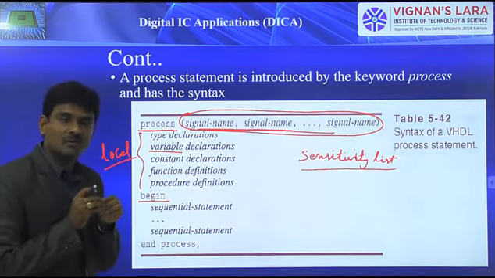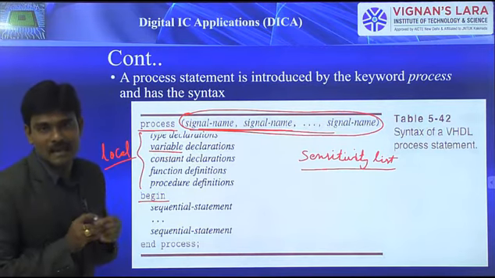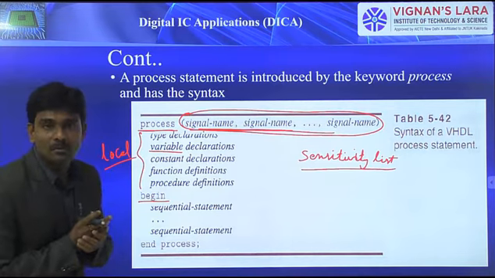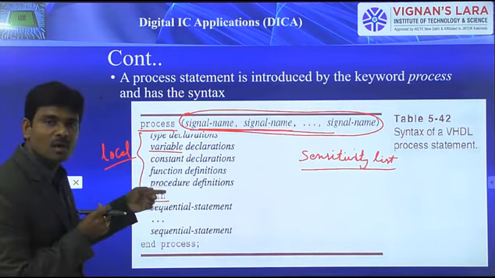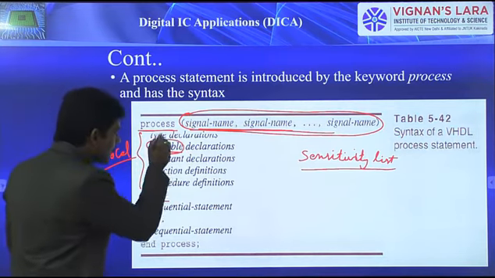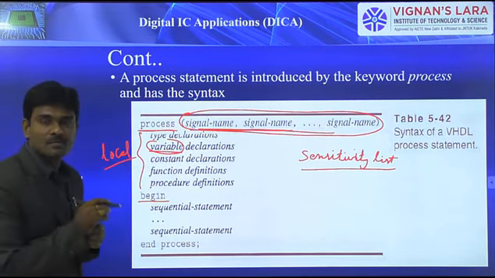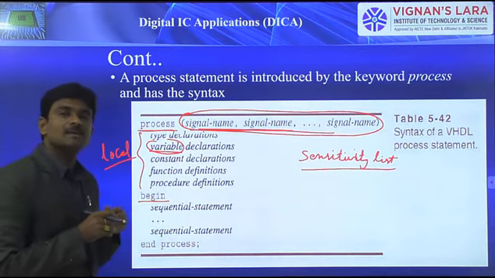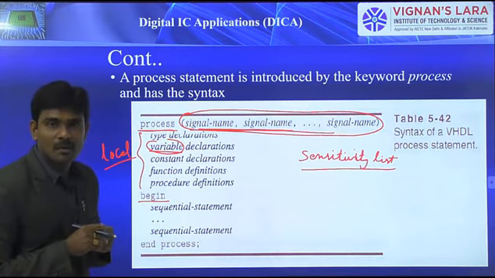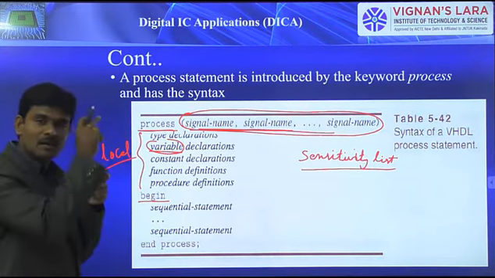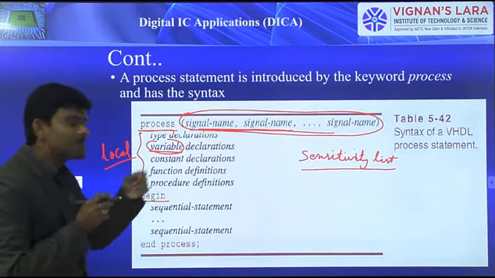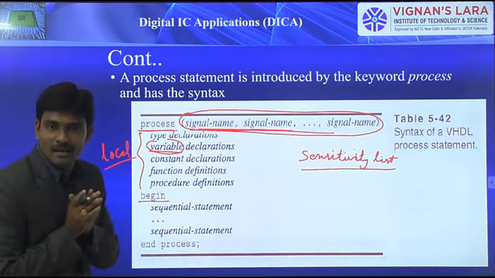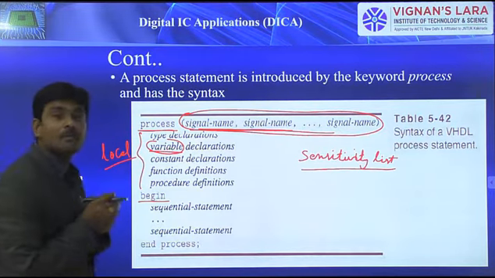Within a process we should not declare signals; we can only declare variables. Other than this, the remaining are all the same: type, constant, function, procedure are the same as what we defined in the architecture definition before the architecture body. But the main difference is that there we can declare signals, while here we are going to declare variables. You should not declare a signal declaration within a process.